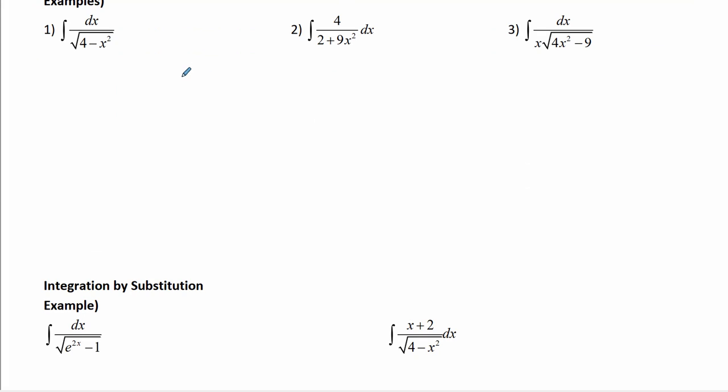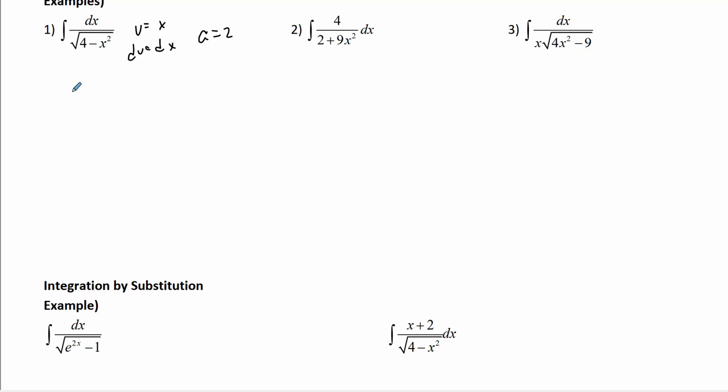Okay, first one here. We have to recognize which one this is. Hopefully you remember that this is going to be our arc sine. So u is going to be x, and du is just dx, which makes it easier. In this case, a is 2 because I want the square root of a squared minus u squared, so that's got to be a 2.